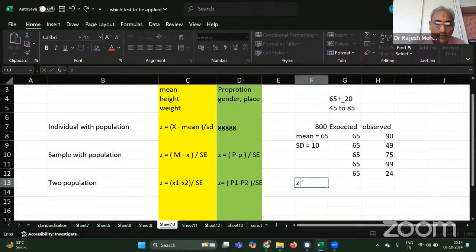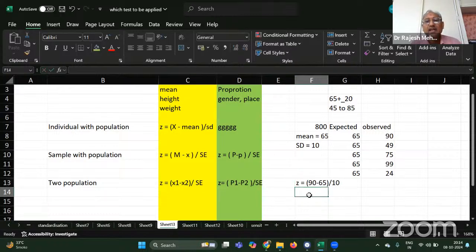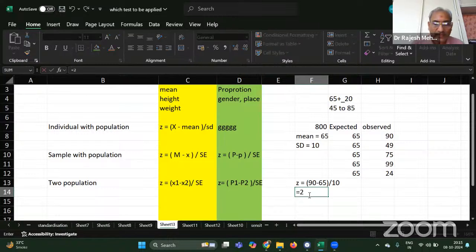Z is equal to, in this case, 90 minus 65 divided by the standard deviation, which is 10. So the answer is 25 upon 10, that is equal to 2.5.